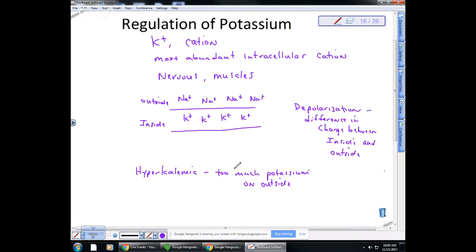So if your kidney obviously helps to regulate the fluid and the electrolyte balance, and it can be that you take in too much potassium, and it might be given to you in a saline. So for example, if you were given a saline that had too much potassium in it, then you would have too much potassium on the outside of the cell. Right? And this would decrease the ability of the nervous and the muscular system to act. So this decreases activity in the nervous and muscular tissue.